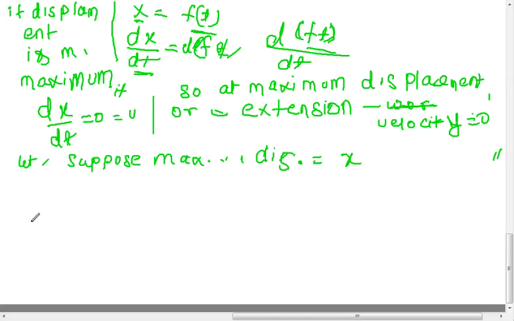So what is the initial energy? K1, the initial energy, is equal to half k times the spring extension, which is 0, so half into k into 0.